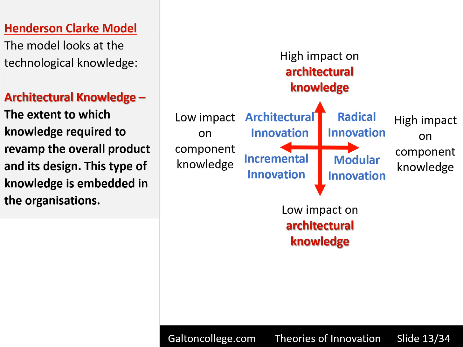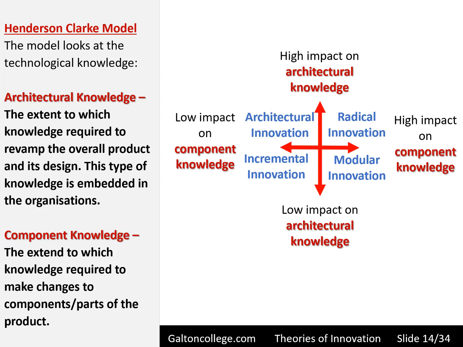It means looking at all the aspects, looking at the components, looking at the product, looking at the machinery, looking at the workforce, looking at the competencies, looking at everything that needs to be done. That's architectural. It's all embracive. And as long as the product is being produced, we could say that that knowledge, the architectural knowledge, is embedded within the organizations. So that's what we mean by architectural knowledge.